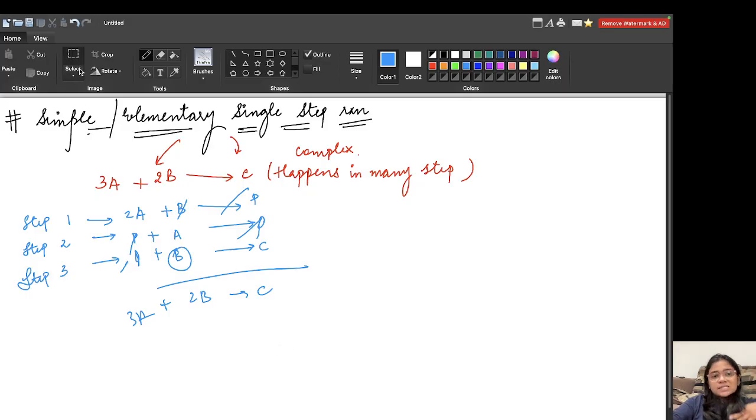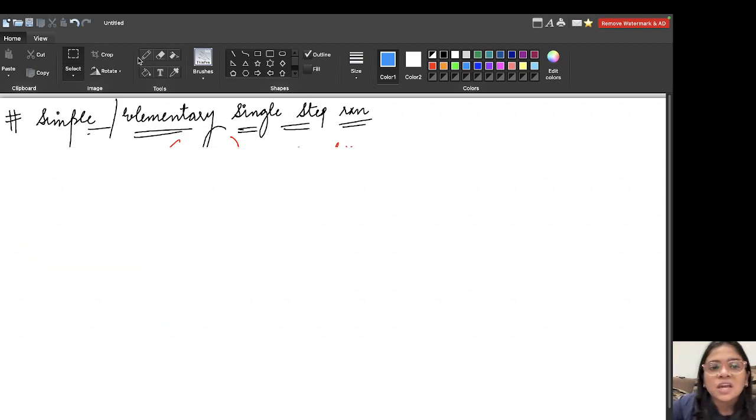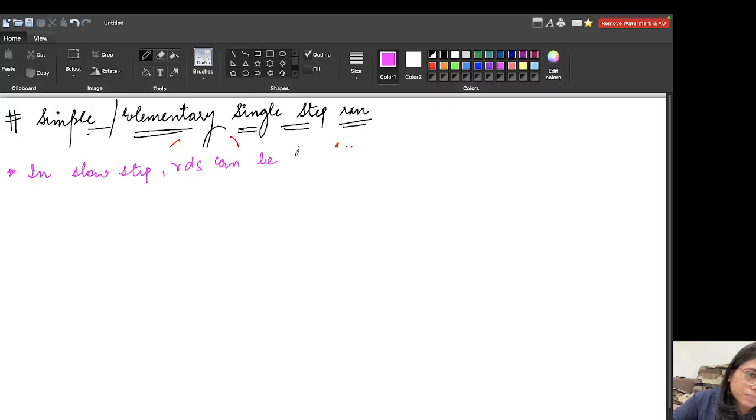Now in complex reactions, the slow step, or RDS step, can be used to determine the stoichiometry for the rate. Suppose there were many steps, step 1, step 2, step 3, like how we studied previously.